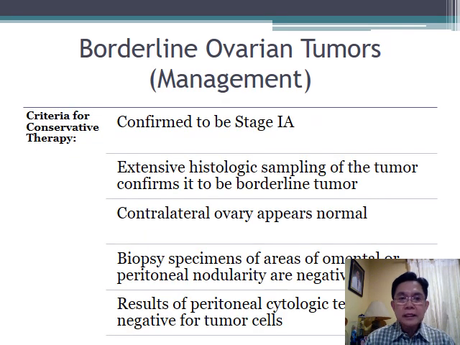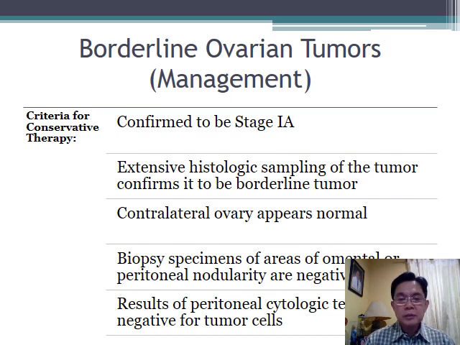So the most common or usual management of ovarian cancers in general is total abdominal hysterectomy with bilateral salpingo-oophorectomy.